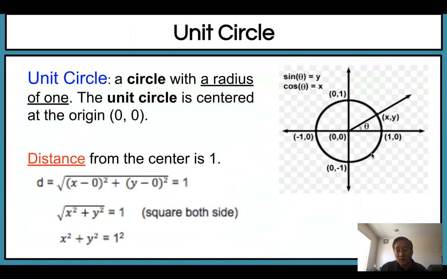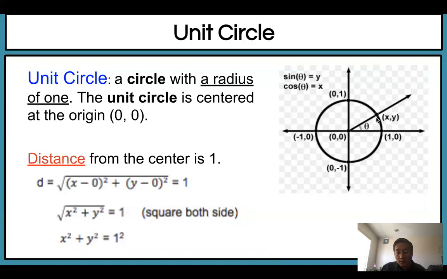If you are here, you draw a vertical line to the x-axis. Make sure you always draw a vertical line, not a horizontal line. Then you draw a line here.